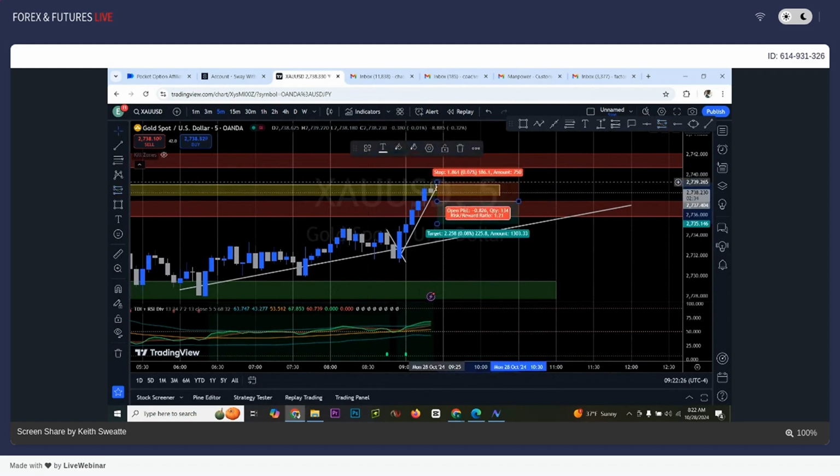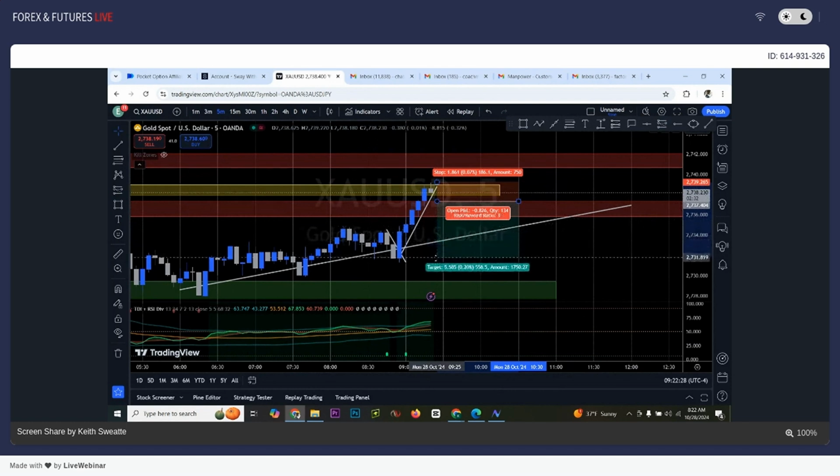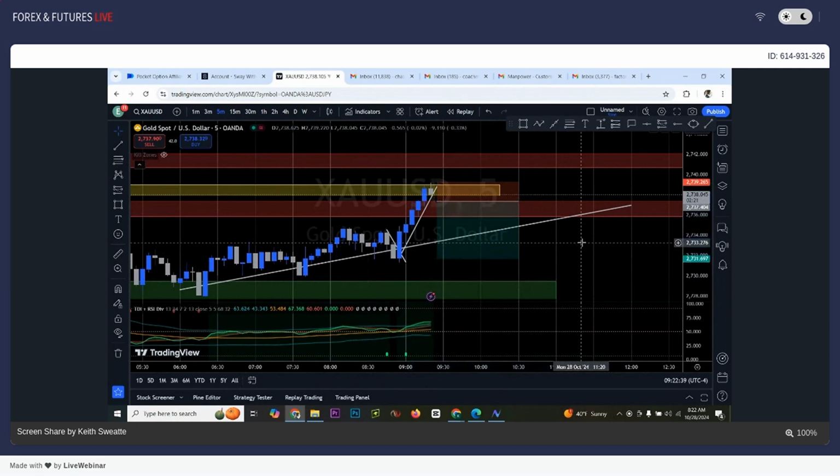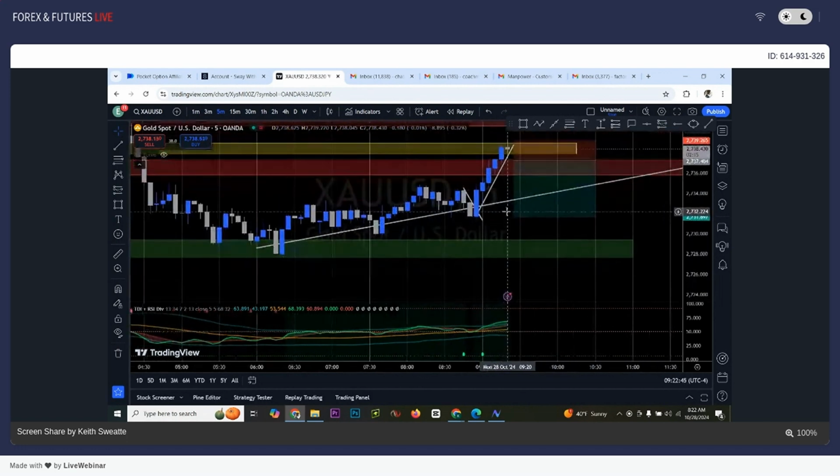Stop loss will be here, and then take it right down. Take it to this support level first if you want. Or here for TP2. TP1 will be this area here. Lovely.